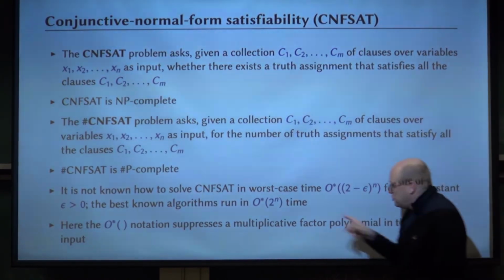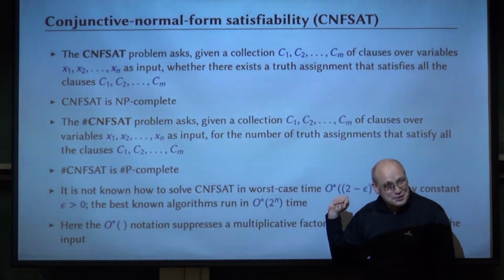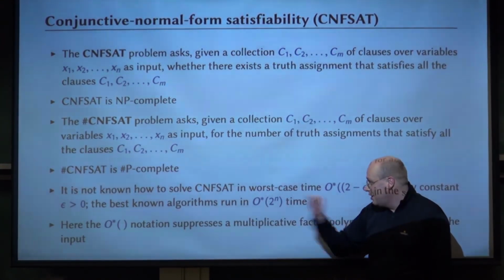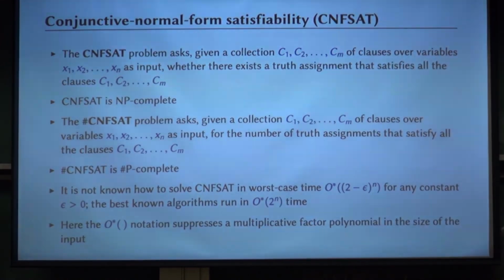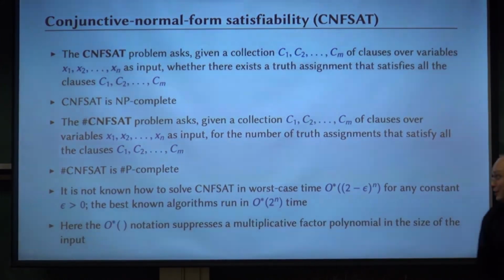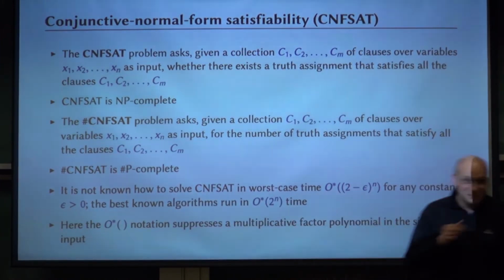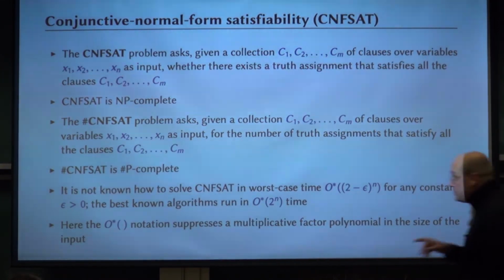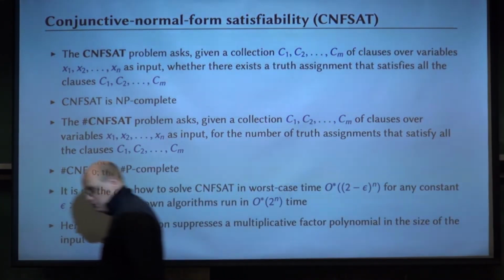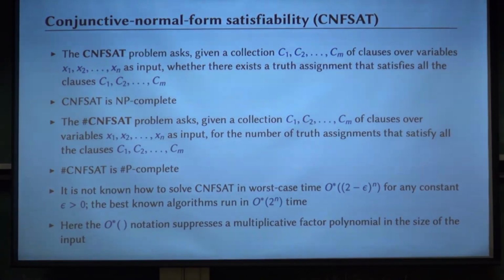The standard exhaustive search, where you try out all the truth assignments, obviously runs in order 2 to the n time, where this star means that we are suppressing a multiplicative polynomial factor in the input size, namely in the size of the encoding of the instance. So this is the state of the art, basically, if you just look at the exponential growth rate. Of course, you can save a little bit on this in terms of sub-exponential scaling, but that's the best that is known.